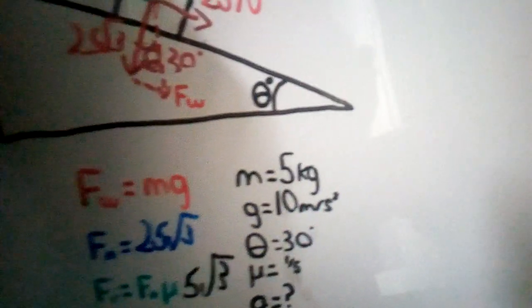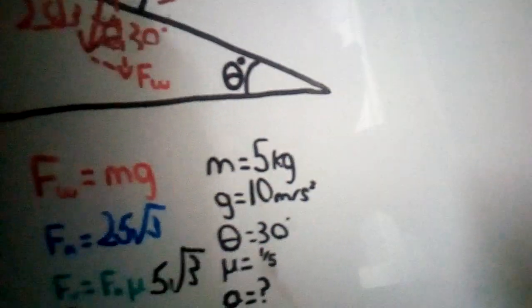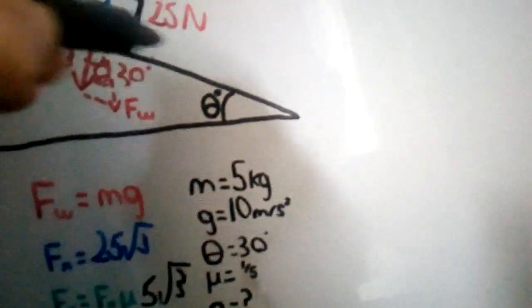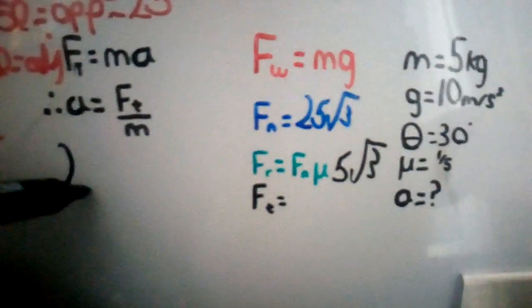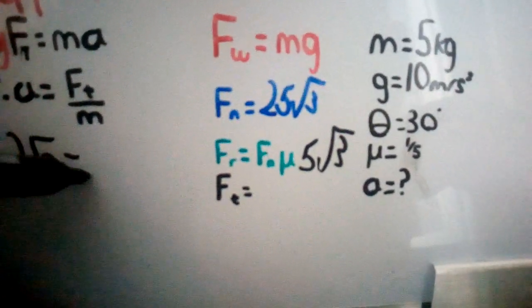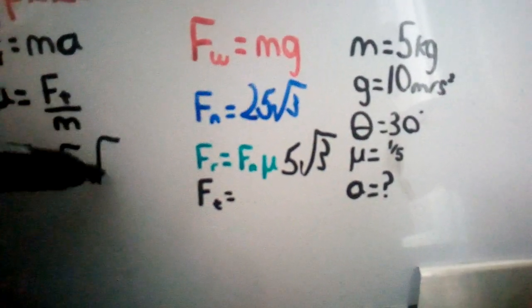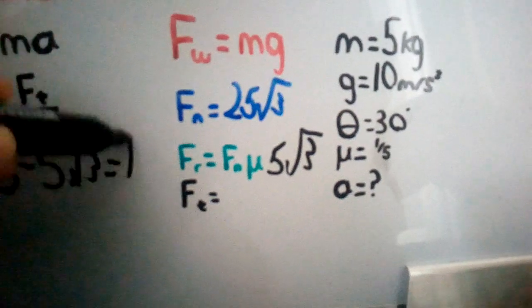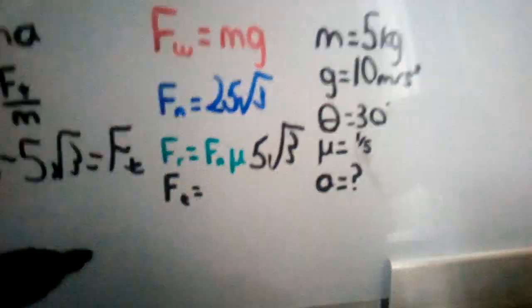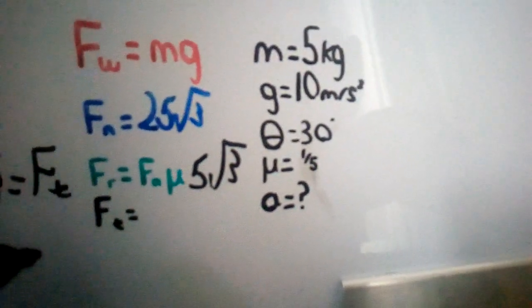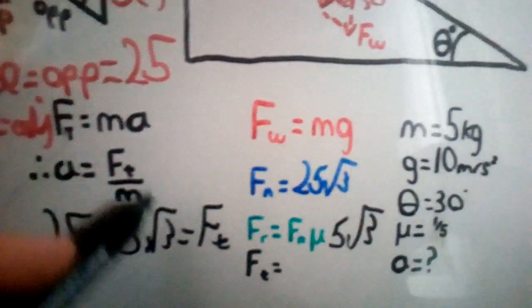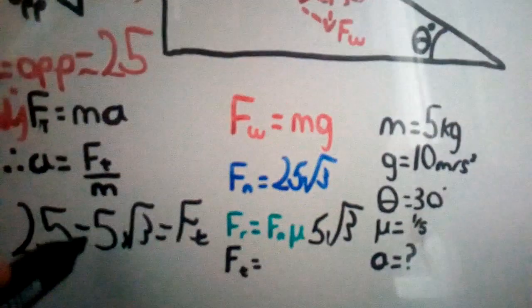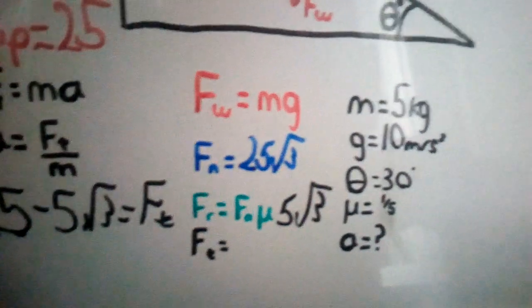Okay, 5 root 3. So what we need to do to work out the resultant force is 25 minus 5 root 3. And that's the resultant force. Now, of course, I've rearranged F equals ma to get a is equal to this, 25 minus 5 root 3, all over the mass.